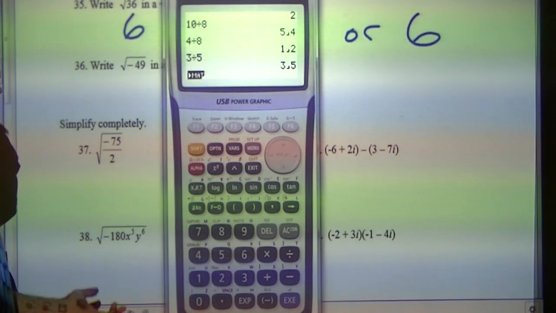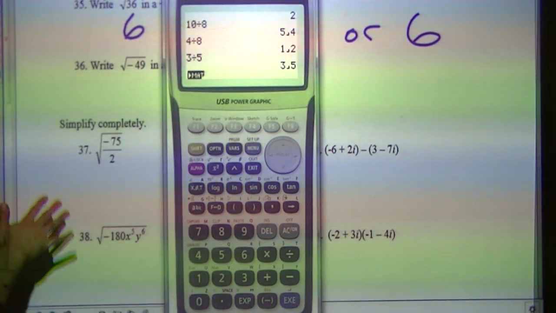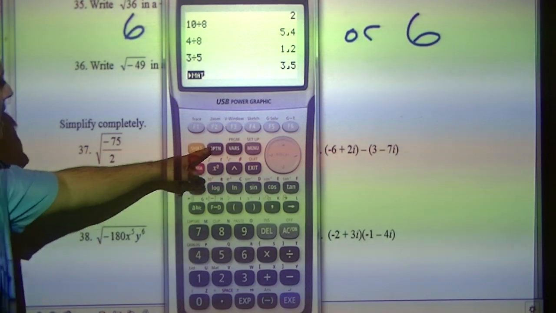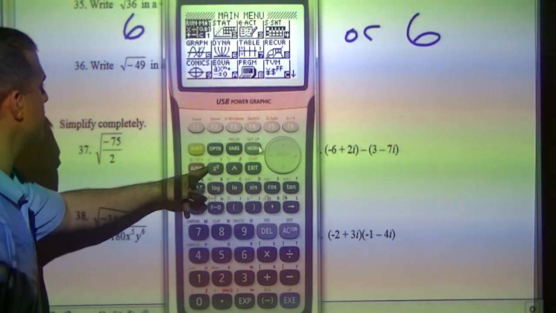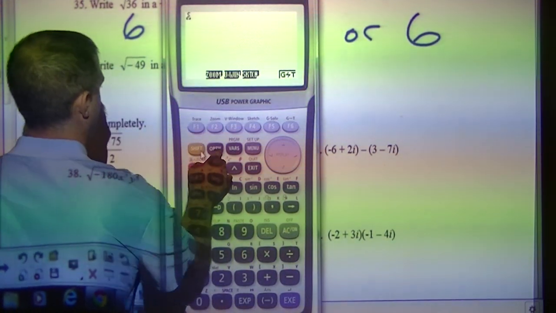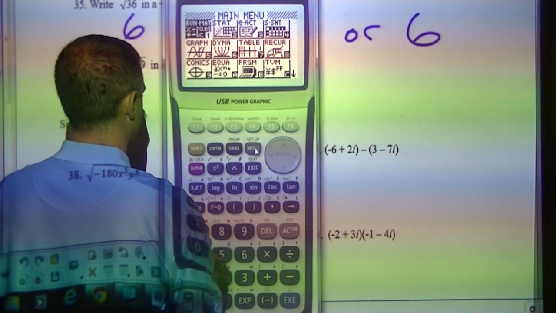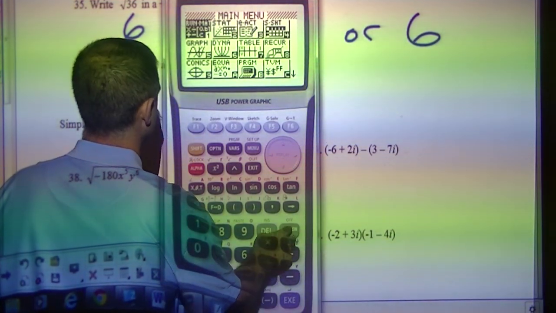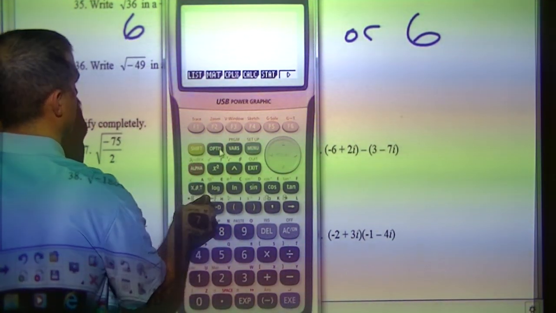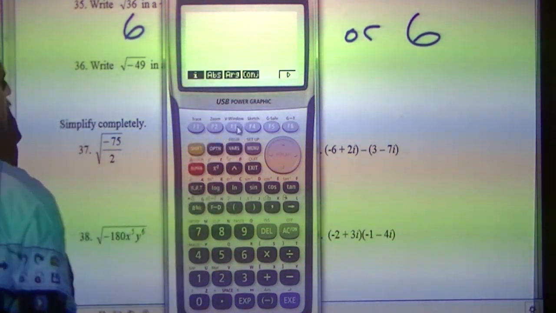All right, square root of negative 49. Now, to set your calculator for negative square roots, option, setup. Whoops, let me get to the run screen. I'm sorry. Let me clear this. Option, setup. Okay, I'm sorry, shift option, complex.